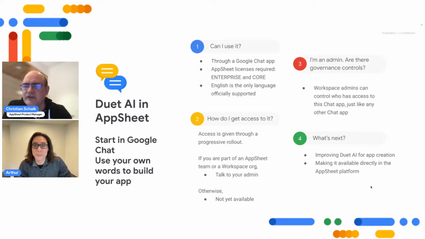At present, you just have the chat app itself. The chat app is available to everyone. It depends whether your workspace admin allows you to use the chat app. We enable it as soon as we get requests, but it has to come from the admin, and there's no extra cost to the organization.